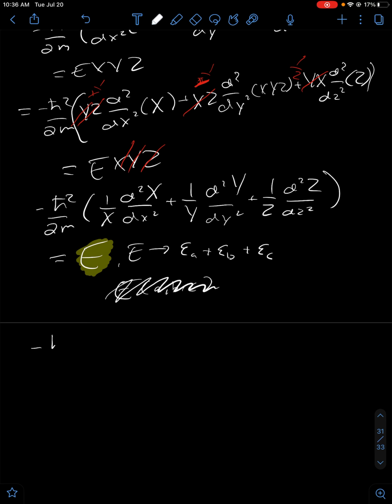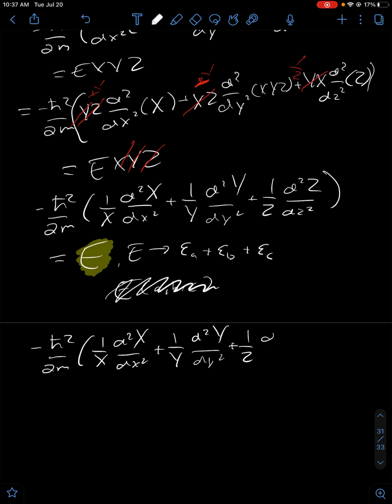So now we have minus h bar squared over 2m times 1 over big X, second derivative of X, plus 1 over Y, second derivative of Y, plus 1 over Z, second derivative of Z, equals epsilon A plus epsilon B plus epsilon C. So remember, E equals epsilon A plus epsilon B plus epsilon C, right?